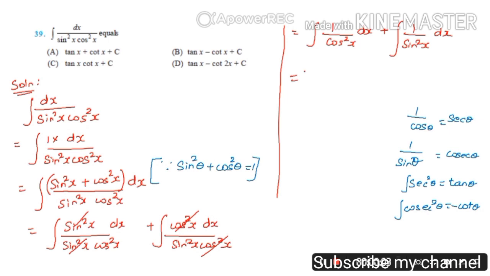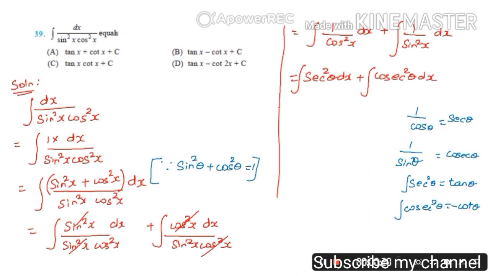So we substitute 1 by cos square x as secant square x, plus 1 by sin square x as cosecant square x, into dx.